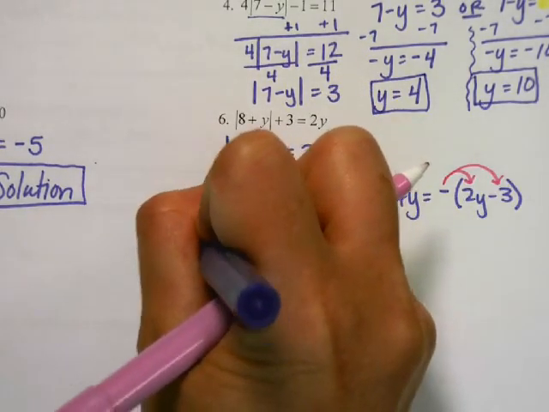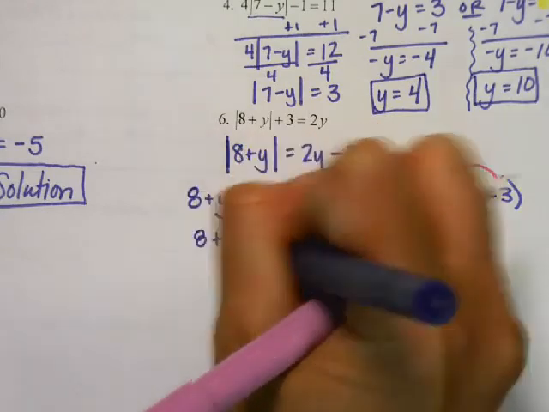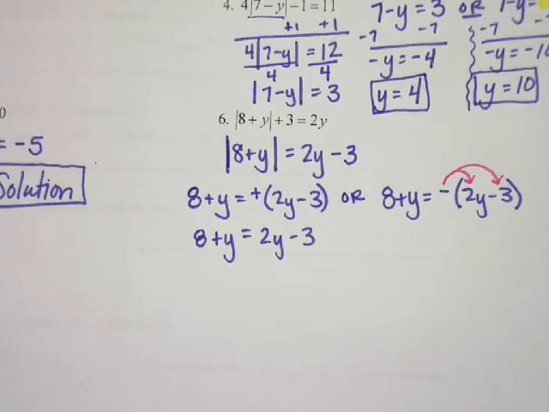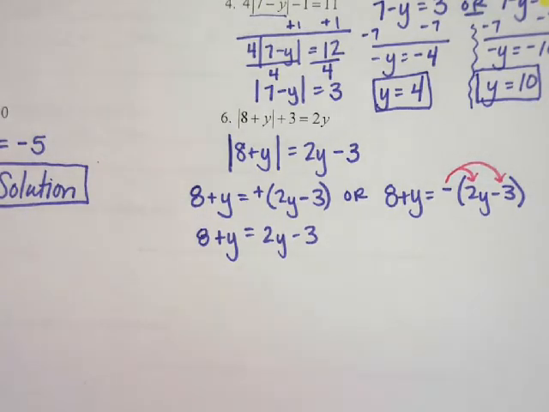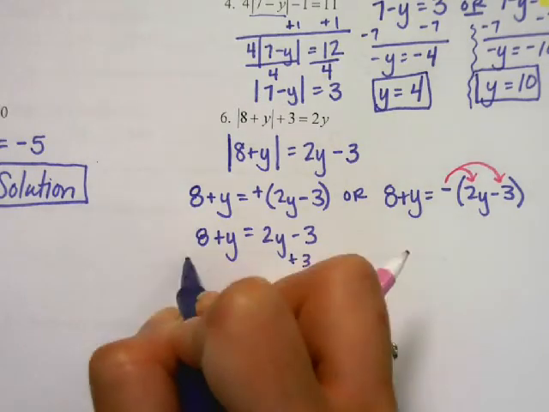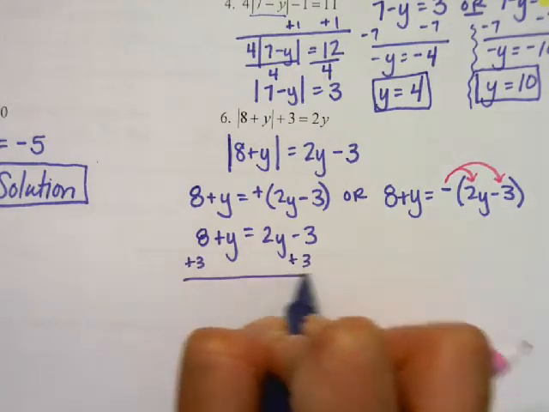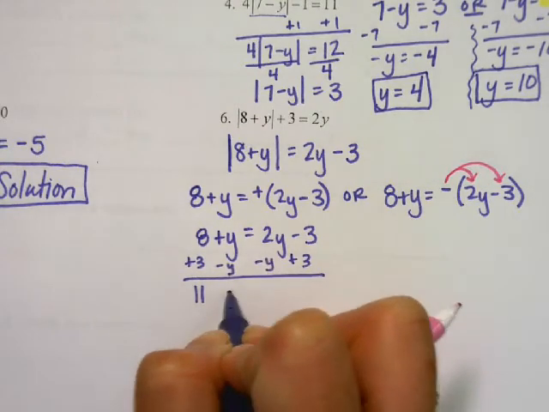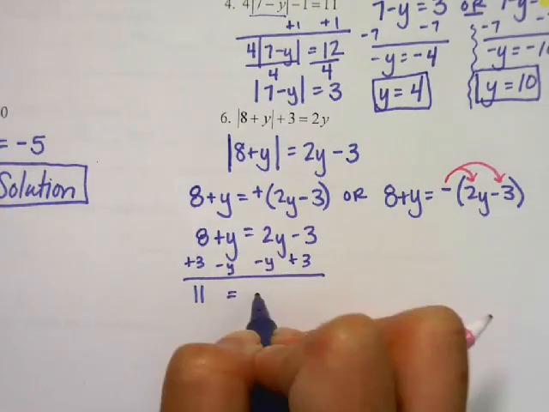So 8 plus y is equal to 2y minus 3. I'm just going to solve one the whole way through. Add 3, I get 11. Subtract y, get 1.